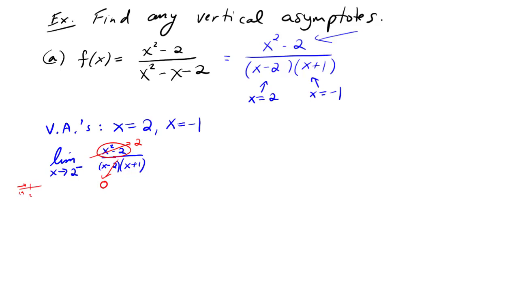I'm getting tiny fractions. 1.9 minus 2 would give me negative 0.1. 1.99 minus 2 would give me negative 0.01. So they're definitely going to 0, but they're going as negative numbers. So I make a little notation there that these numbers are going to 0, but negatively. x plus 1 as x approaches 2 is just going to go to 3.